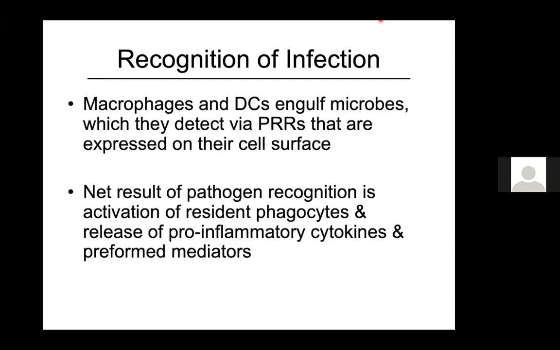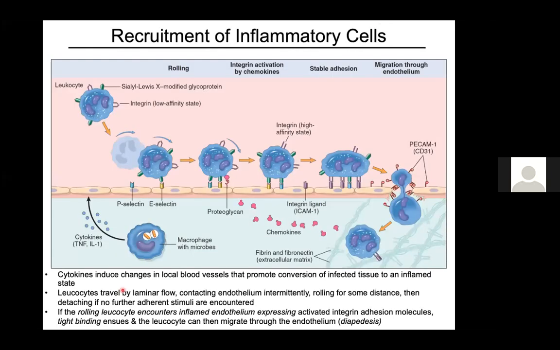They then become activated and release pro-inflammatory cytokines and preformed mediators. These act on the vasculature, on the endothelial cells, to cause changes that allow your other white blood cells to exit the vasculature. This is shown in this picture.